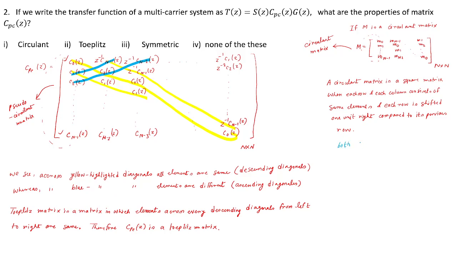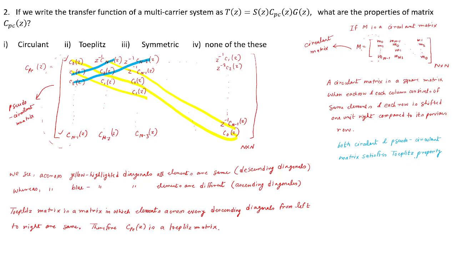Both circulant and pseudo-circulant matrices satisfy the Toeplitz property.